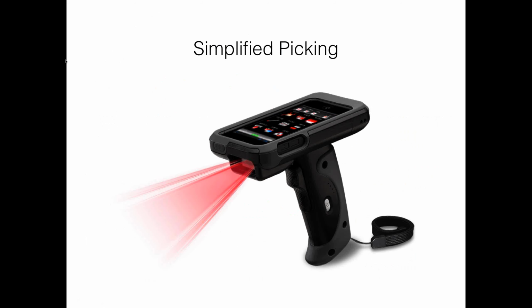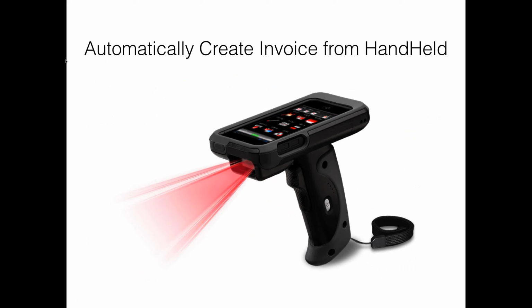We're then going to cover the warehouse side with the handhelds. We're going to show you picking processes, some transfers, physical count, as well as the shipping processes all on the handheld, and how all of that's automatically created.